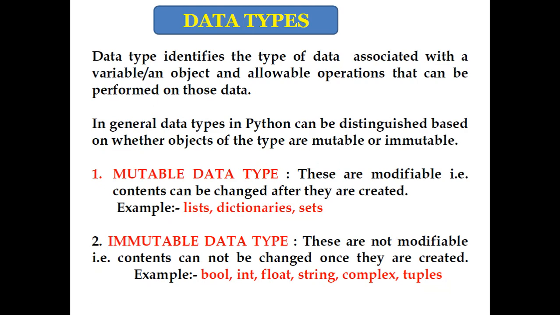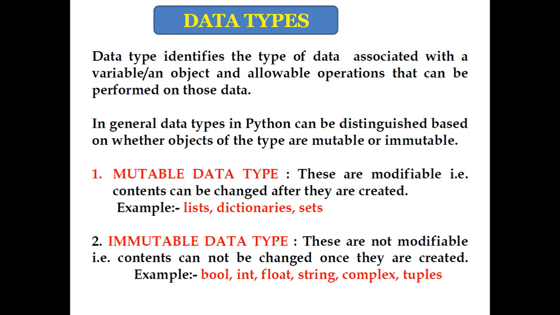Now let's move on to data types. Data types tell the type of data associated with a variable or an object and the allowable operations that can be performed on that data. Suppose, for example, I am using numeric values 5 and 7, an integer data type, and I am performing some operation with plus.